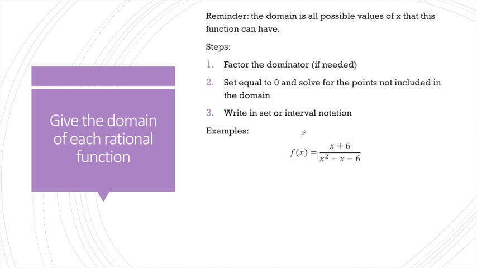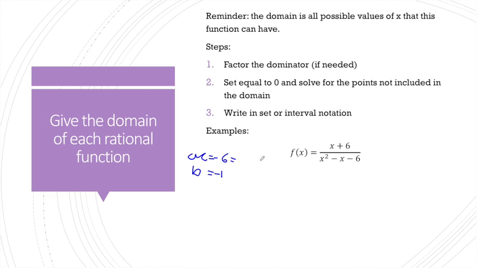Now for this next function, we're going to go ahead and factor the denominator. So I have x squared minus x minus 6. Okay, this is a trinomial. So I need to find the factors of AC, which is negative 6, that add up to B, which is negative 1.